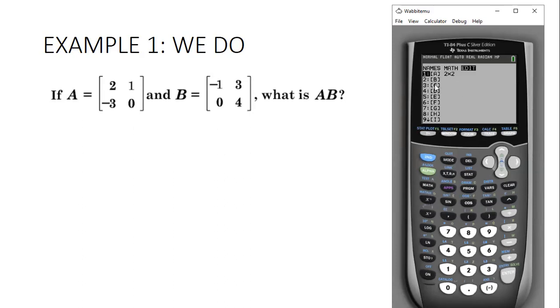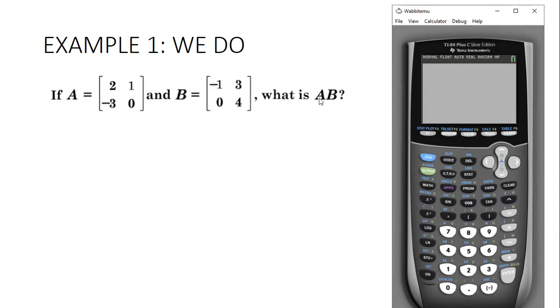And now I'm going to create matrix B. To create matrix B, I'm going to press 2 and put in its dimensions. It's a 2 by 2. Put in my entries: -1, 3, 0, and 4. I'm good to go. Everything is in. I'm going to press second mode to quit.